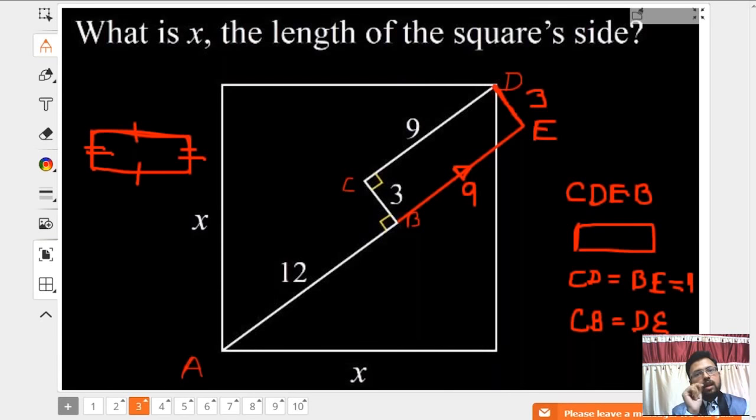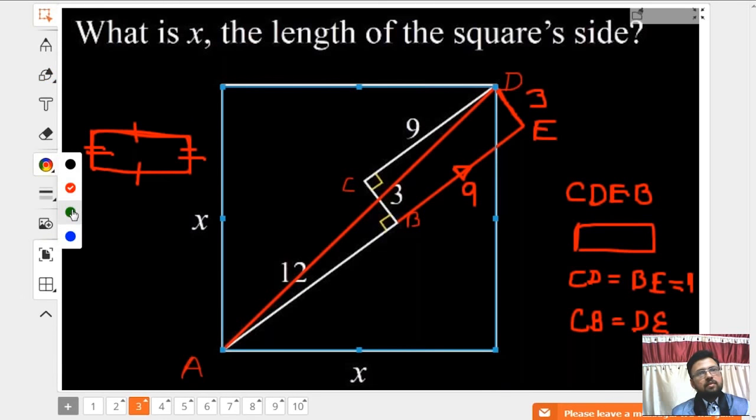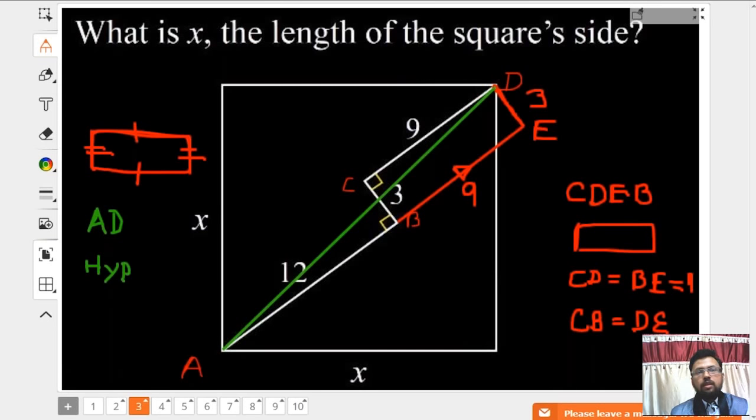Now can you tell me what is the advantage of this? If you draw the diagonal like this, AD is the diagonal of the square. AD is the hypotenuse of which triangle?